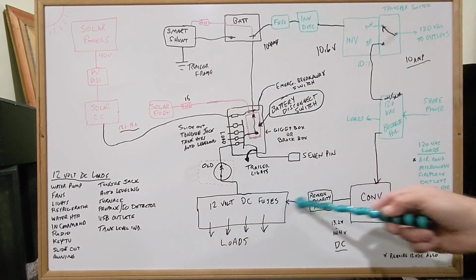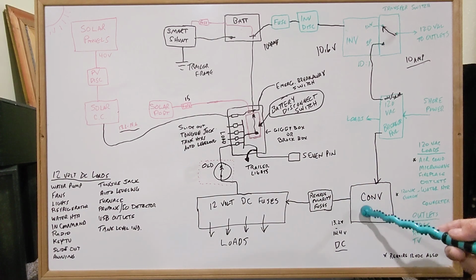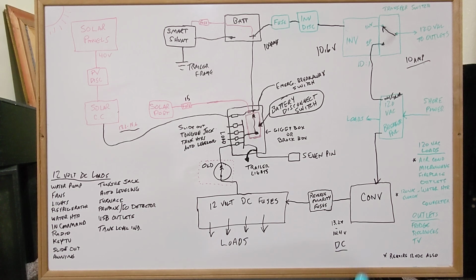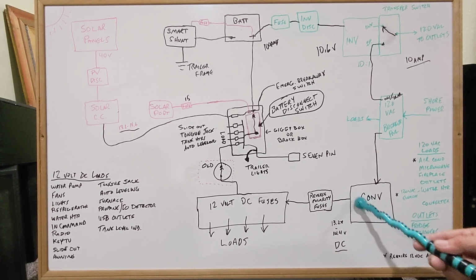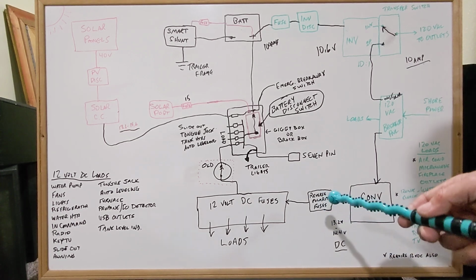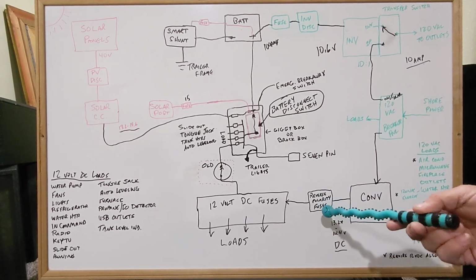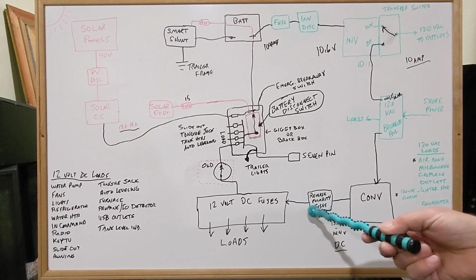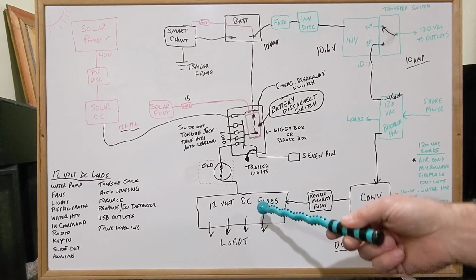It feeds back in through here to your converter, and these fuses will blow to protect the converter. So if you have a problem with getting no output from the converter, you may have blown these fuses, especially if you hooked up the battery backwards for even a second. So the power from the converter comes out through these fuses to your fuse panel loads.